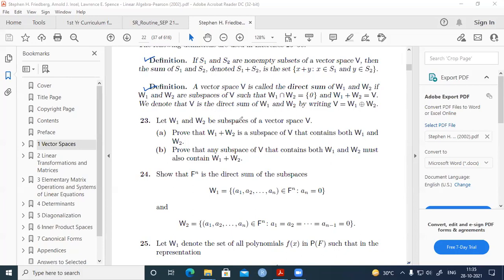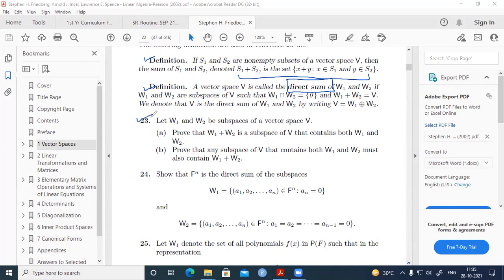We always know that two sets are combined with respect to the operation union, but here something different has been considered. Two sets can be added also. This is the definition, and this particular definition gives you the definition of direct sum. So try to read these definitions first of all. Try to identify what it is saying, and then you can try the subsequent problems.